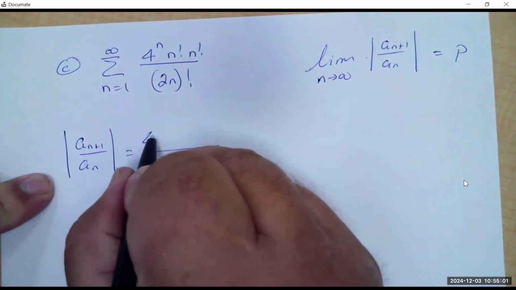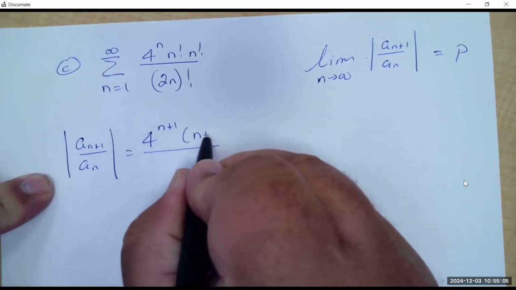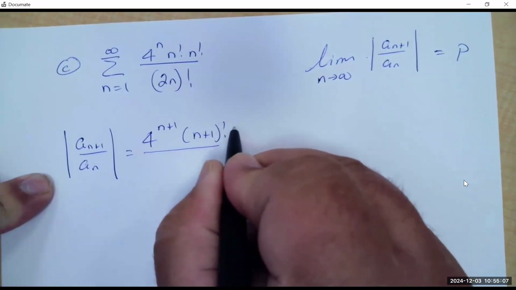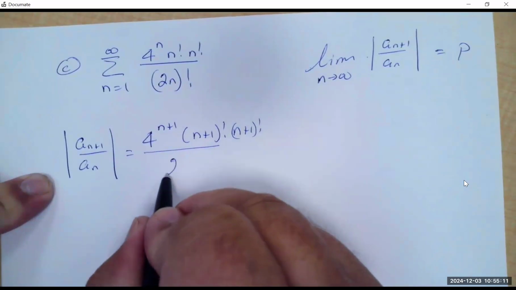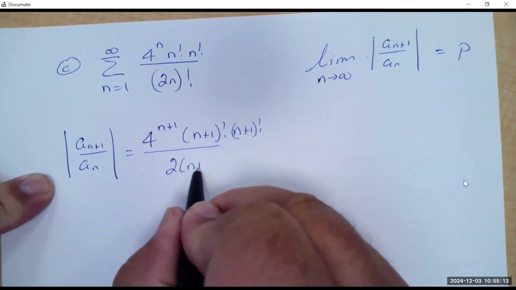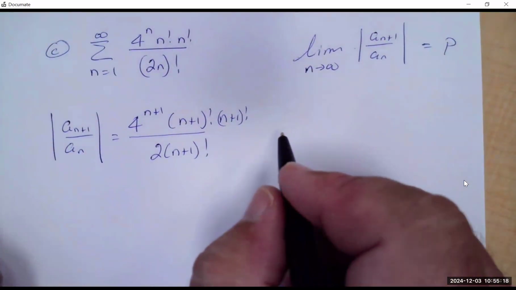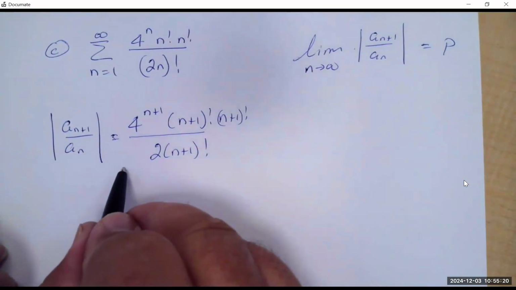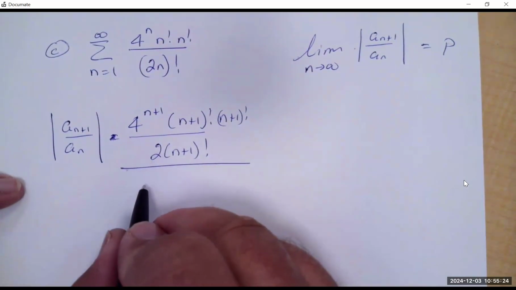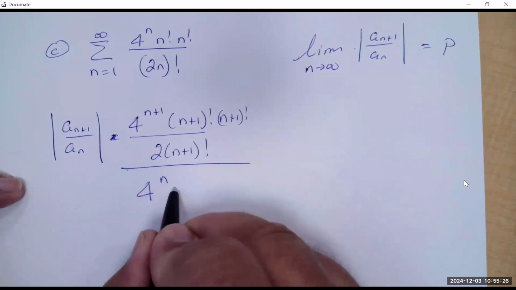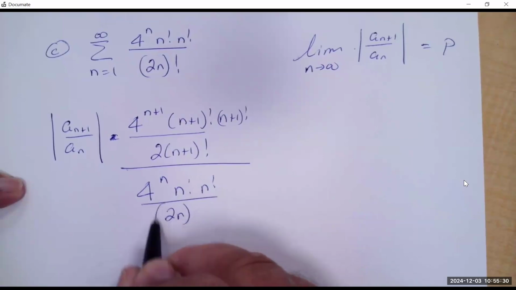So we have 4 to the n plus 1, n plus 1 factorial, n plus 1 factorial over 2 n plus 1 factorial. That's the top part. Divided by 4 to the n, n factorial over 2n factorial.